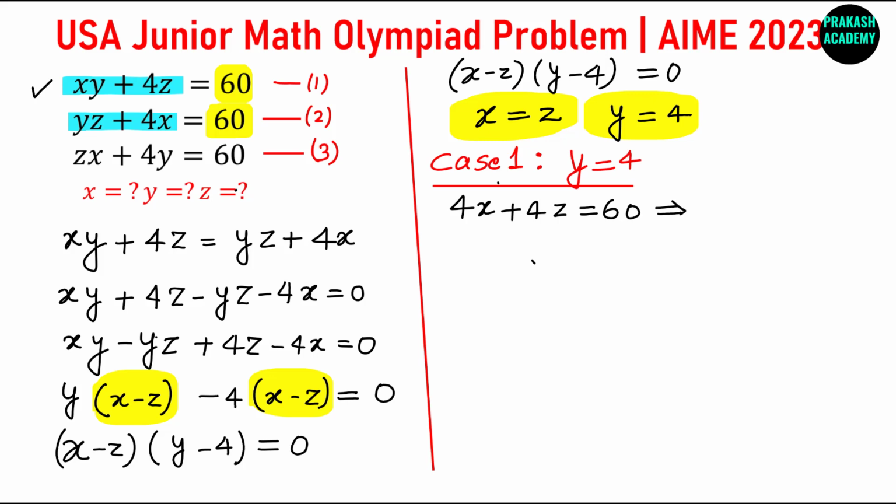This means x + z = 15. Similarly, from equation 3, I can write zx + 4 times 4, because the value of y is 4, equals 60. So from here I will have xz = 60 - 16, that is 44.